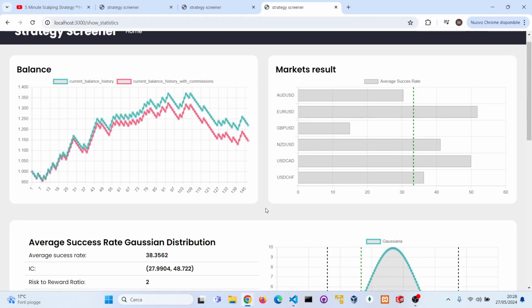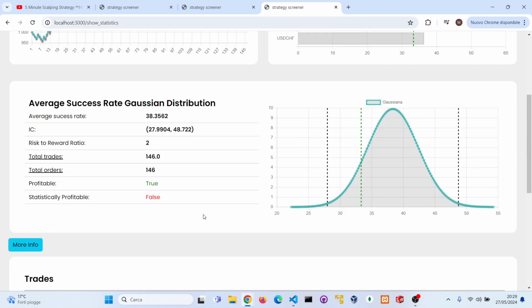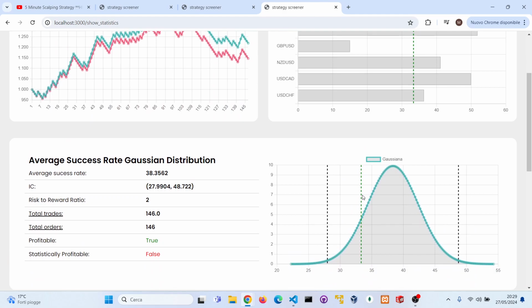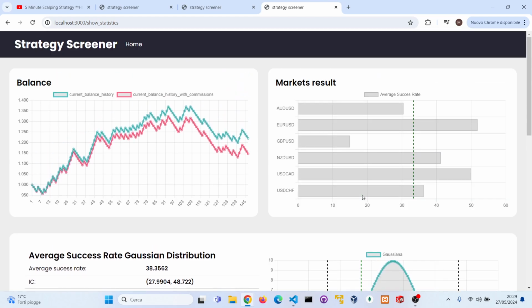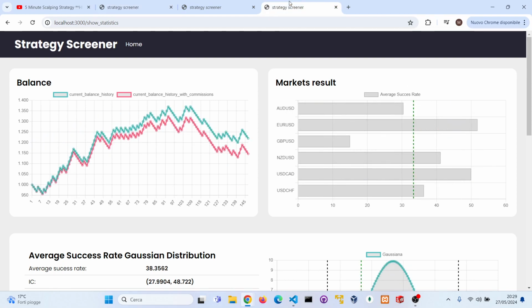Okay, as you can see, the strategy would have been profitable without commissions and with commissions, but our confidence interval doesn't go past the average success rate to break even, so the strategy is profitable, but not statistically profitable. The other thing I noticed is that it was again profitable on these three forex pairs that were profitable with the basic conditions. So maybe the strategy works better on this forex pair.